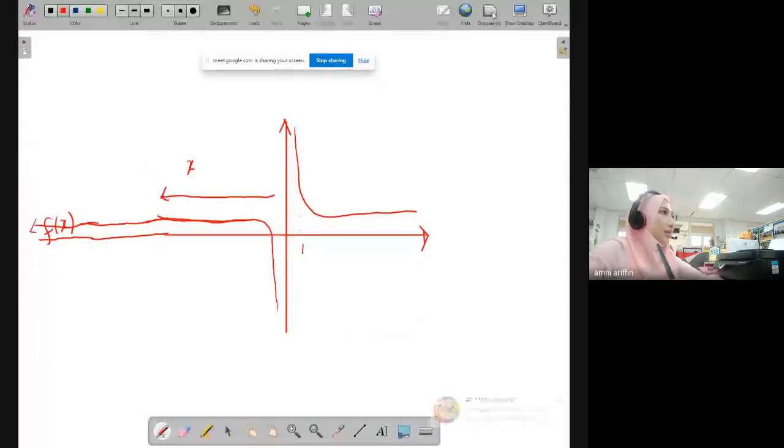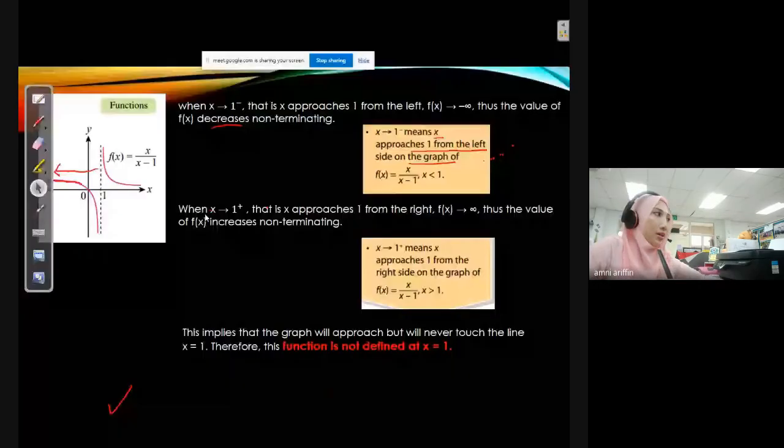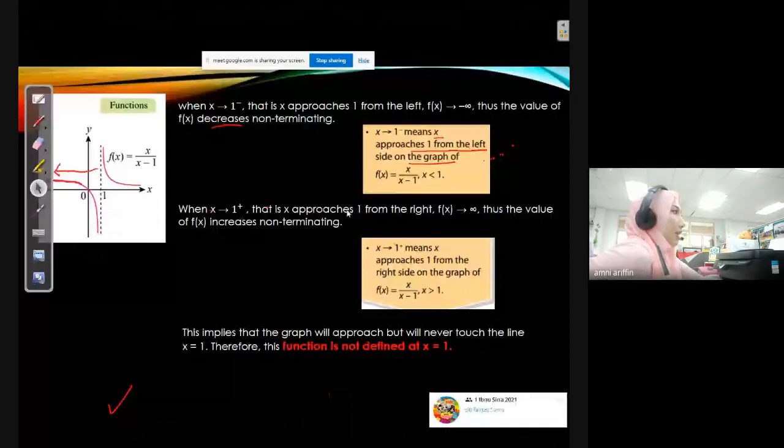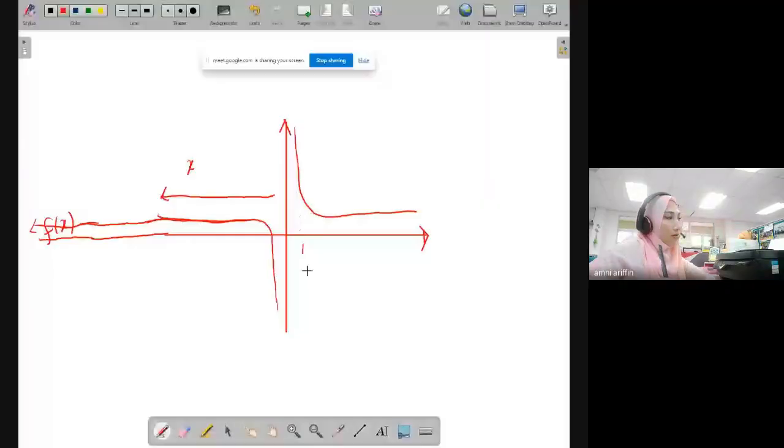Okay, kalau dekat sini dia bagi tahu when x approach to the +1, x approach 1 from the right, thus the value of fx increase non-terminating. Maksudnya, apabila kamu nampak dekat sini, bergerak ke sebelah kanan anda, kamu akan perhatikan the value of fx ni dia akan increase.